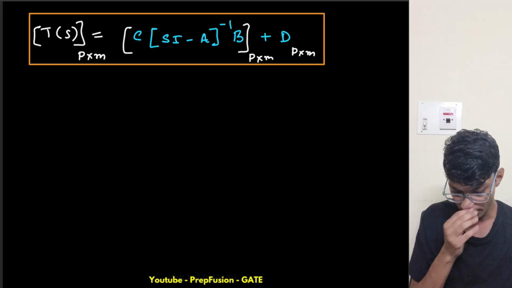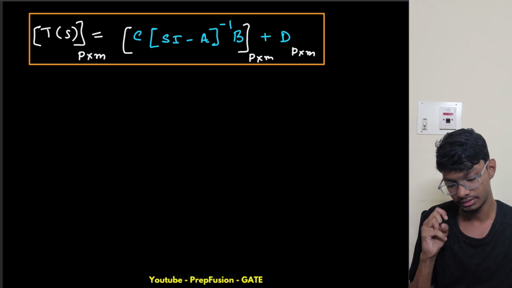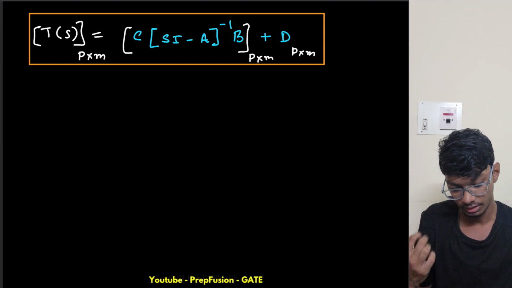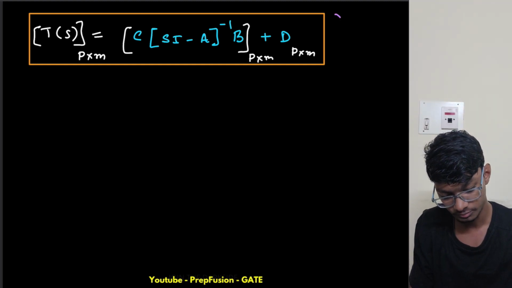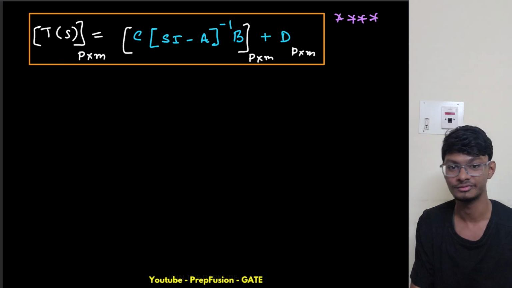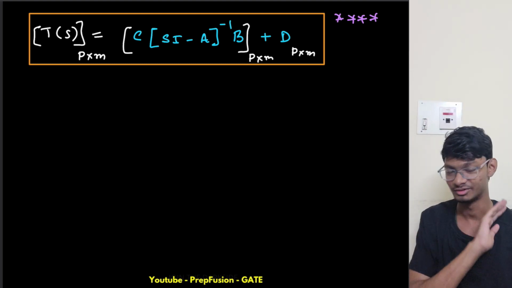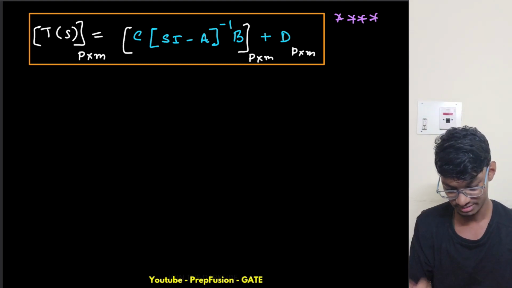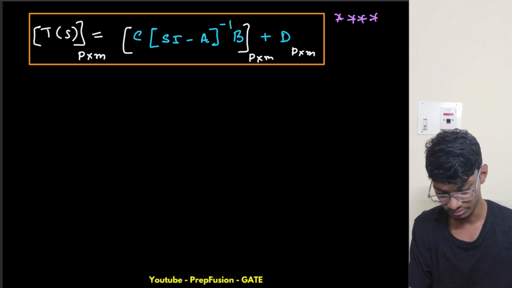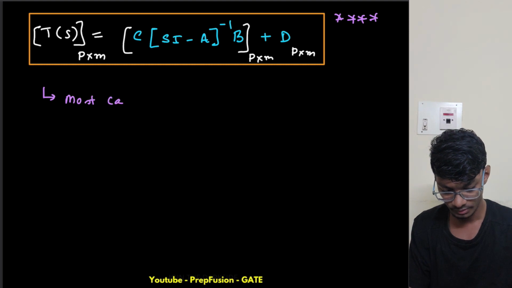This is a very important formula. You have to mark this up and remember this, no matter what. In most cases, as I told you multiple times previously, D will be 0.